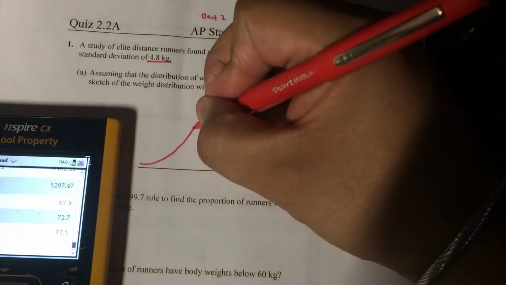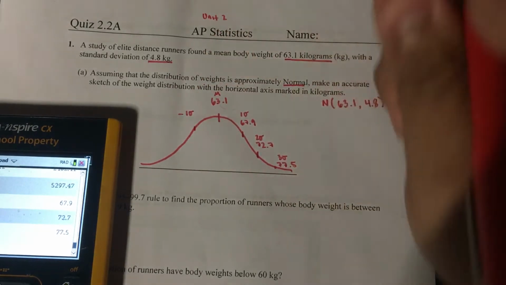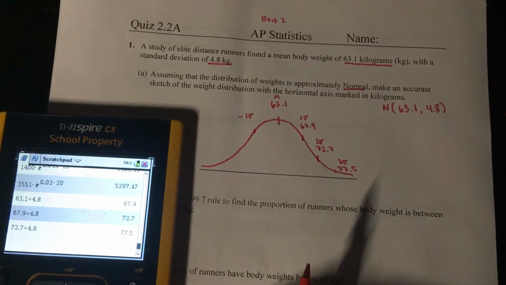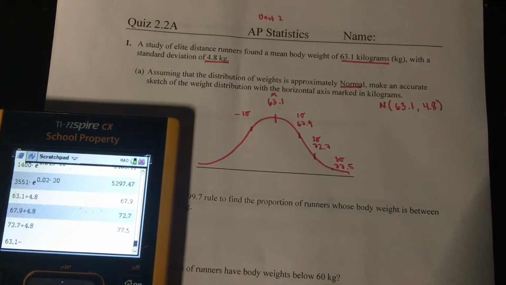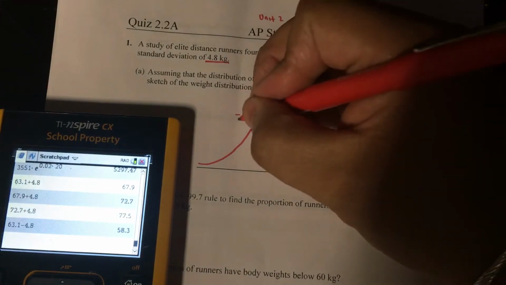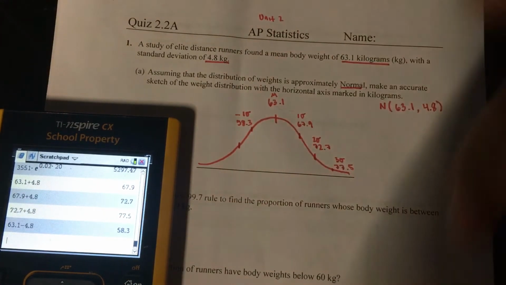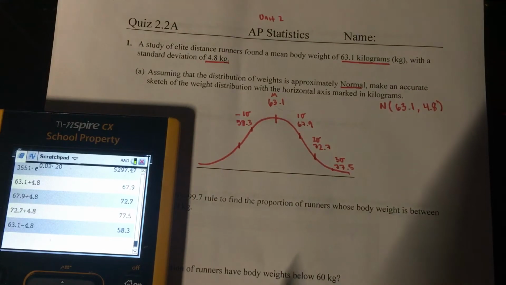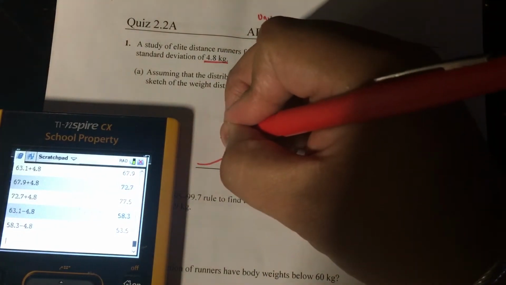And to find the negative standard deviations over here, I would subtract from the mean, so 63.1 minus 4.8, so this is 58.3. Over here, minus another 4.8, so 53.5.